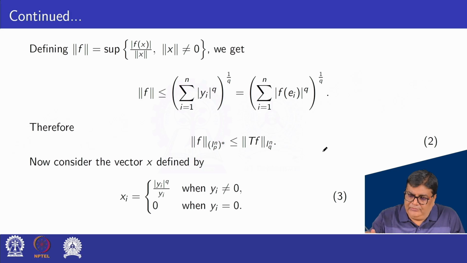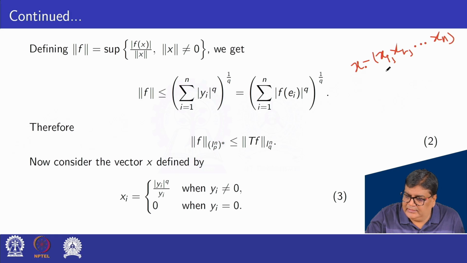Why? Because we know that if x is equal to (x1, x2, and so on up to xn), then the norm of x, here the qth norm, is (summation |xi|^q)^(1/q).